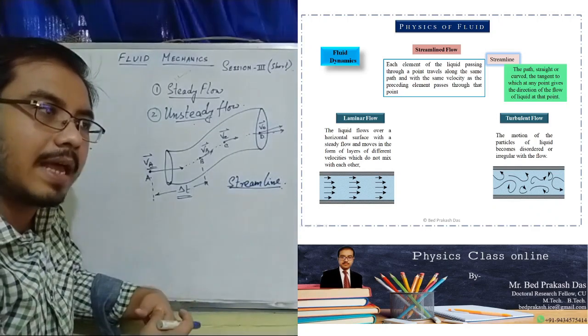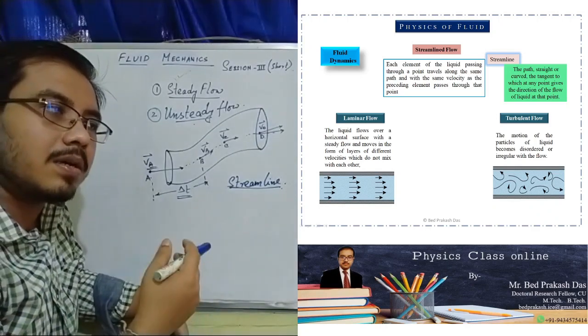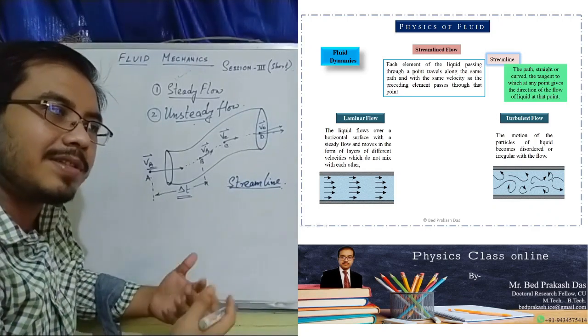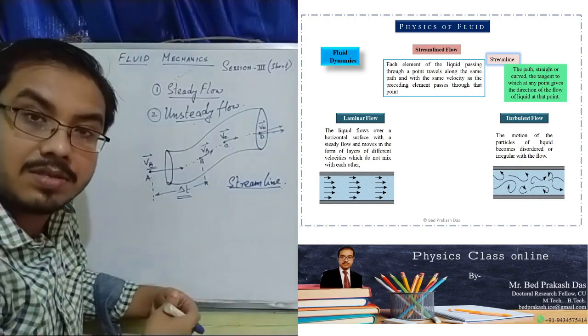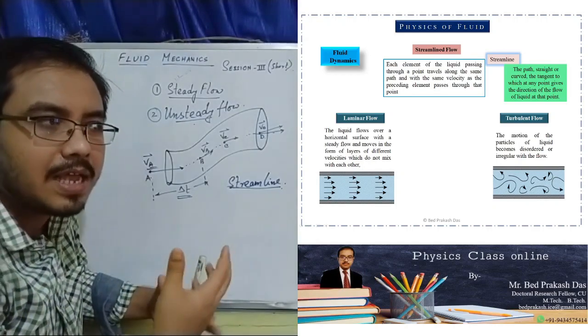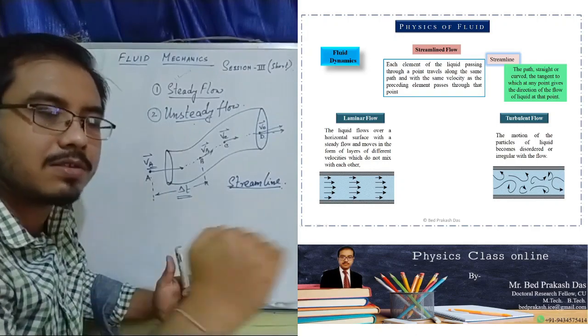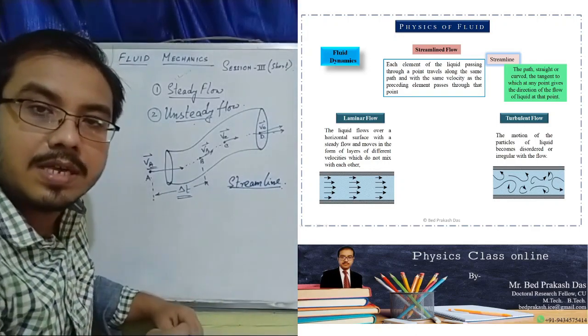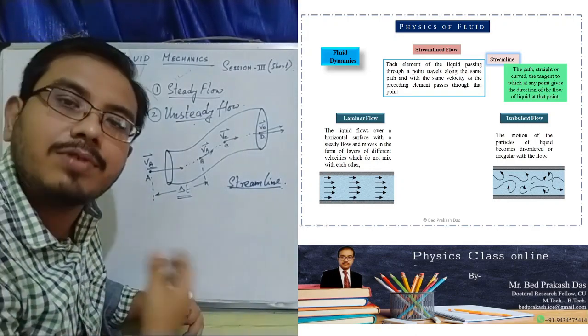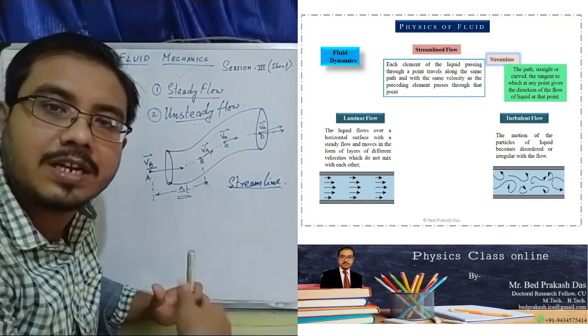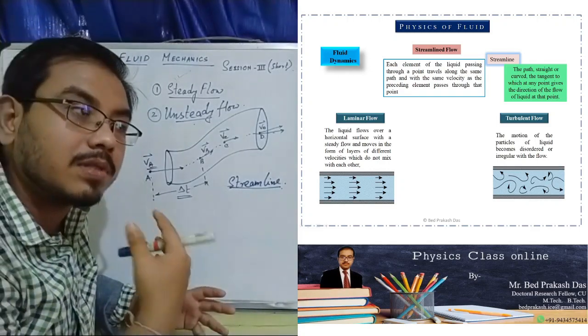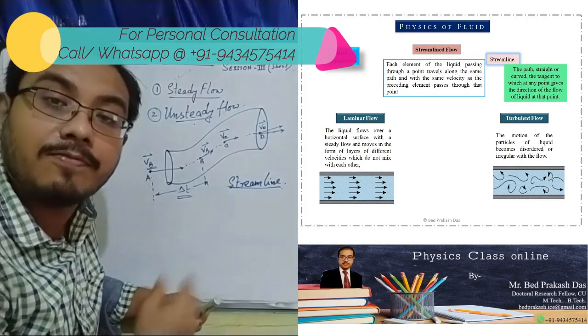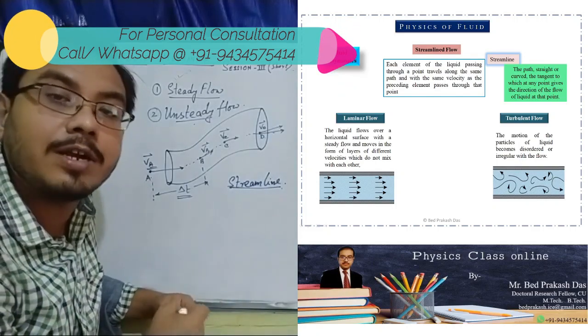When the fluid exhibits some irregular or disturbing behavior along its line of flow, that is, it changes its velocity along its position with time, then the nature of the flow is termed turbulent flow.